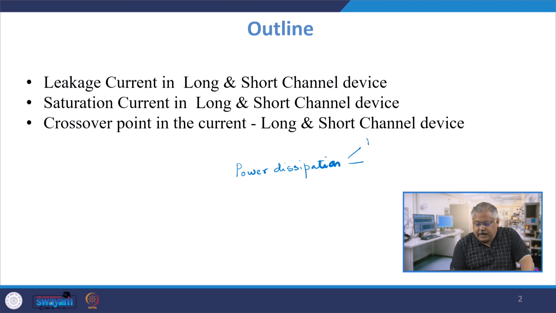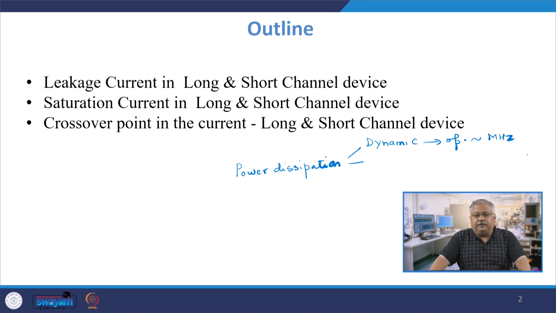One is dynamic power, which basically means that when the device is actually operating at some frequency, say of the order of a few megahertz or gigahertz, there is always a charging and discharging of the capacitor which results in this dynamic power dissipation. It becomes a function of the frequency of operation and of the applied biases, which are quite low. The second aspect is basically your leakage.